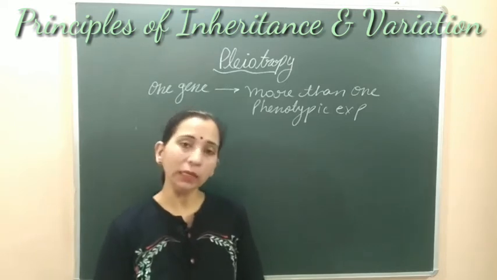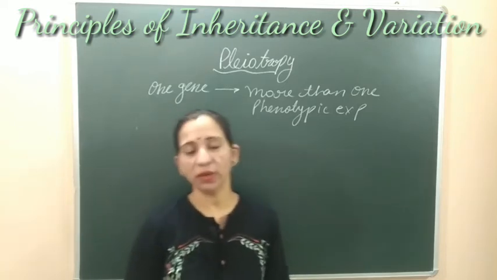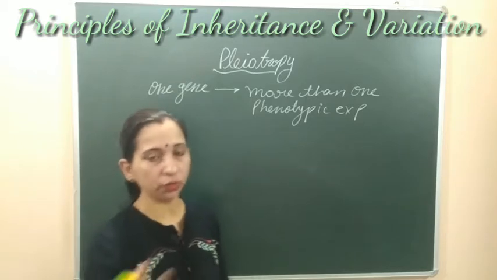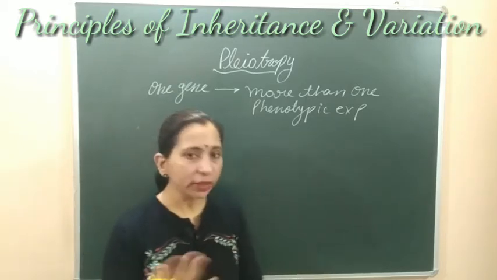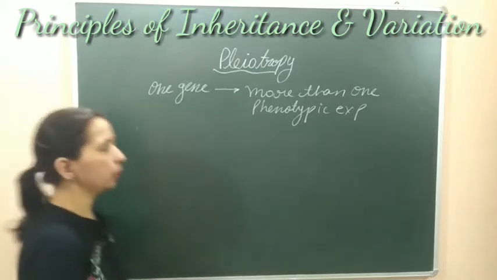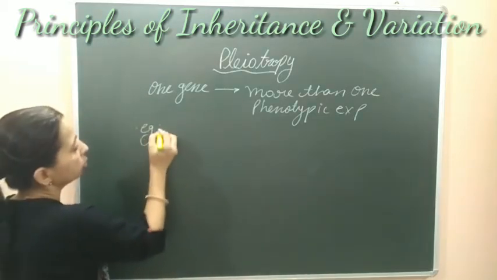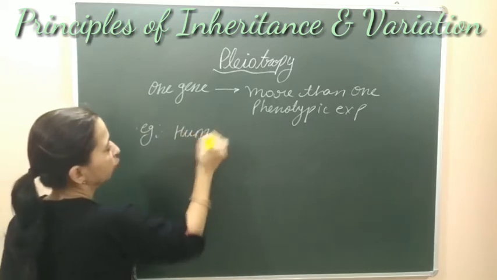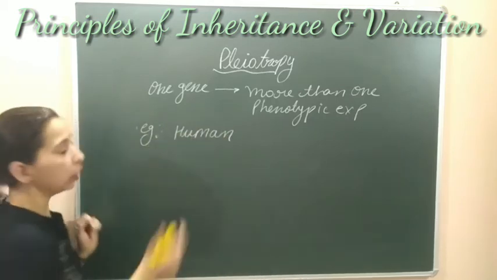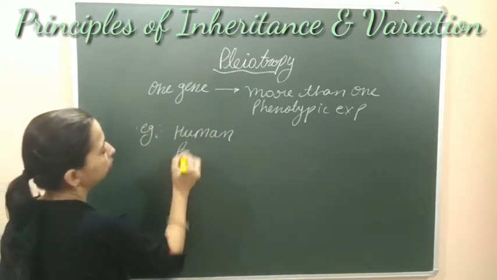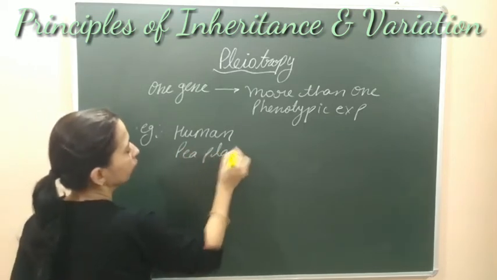This pleiotropy can be explained in different organisms by different examples. So first we will write the names of the examples which we are going to study, and then we will discuss all these examples in detail. This pleiotropy can be explained in the case of human. We can study pleiotropy in pea plant also.